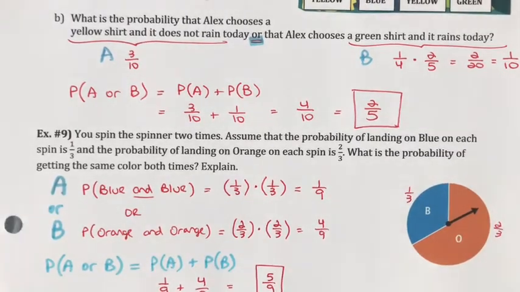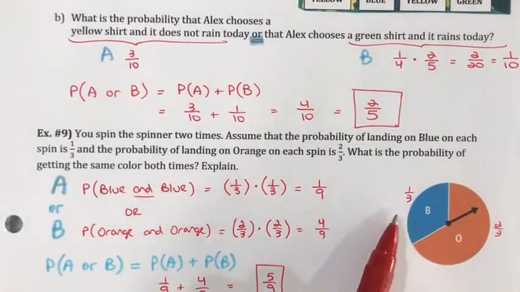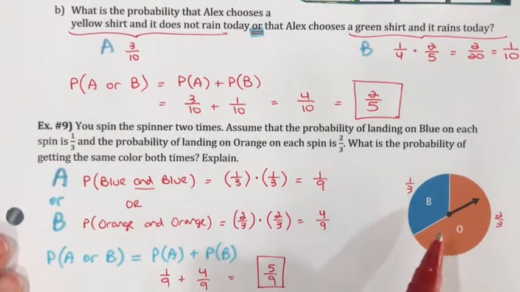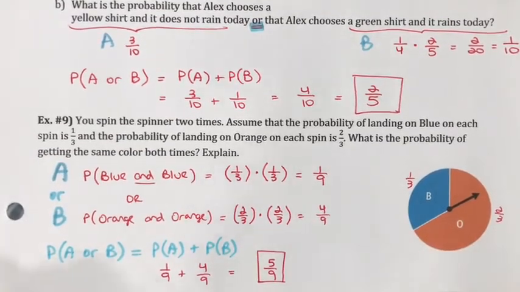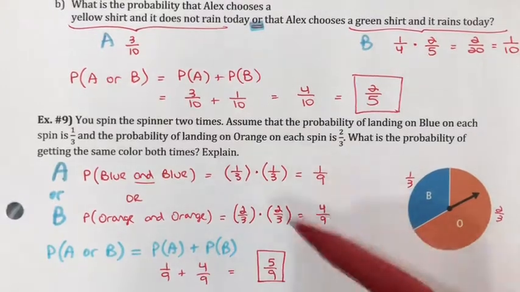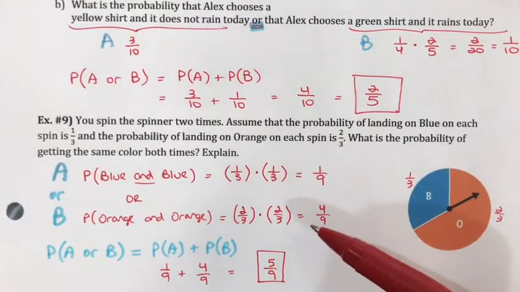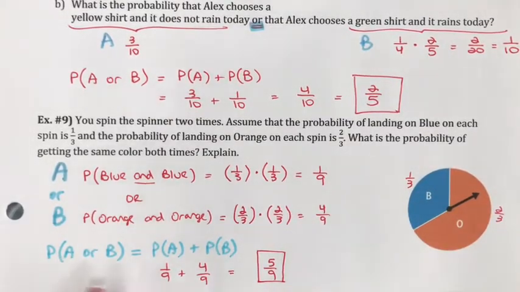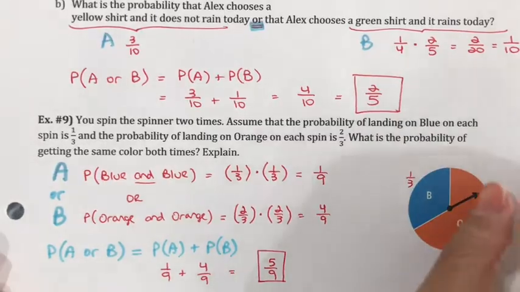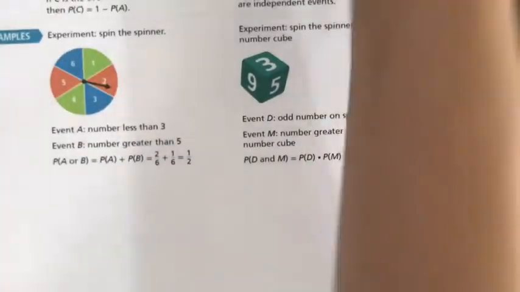That is the probability of either getting blue and blue or getting orange and orange. We're combining independent events with mutually exclusive events.